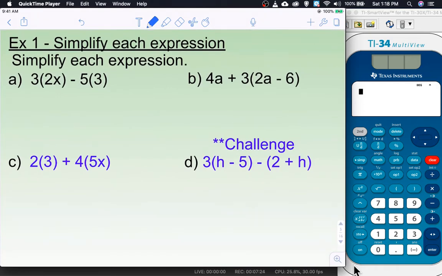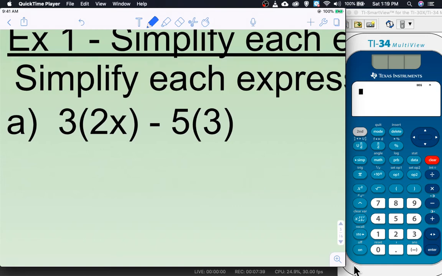So, simplify each expression. You'll see there's quite a few problems here that all have parentheses, and a bunch of them have like terms. So let's look at the first problem together, letter A. I'm going to distribute this 3. It's really just a multiplication because there's only one term on the inside.